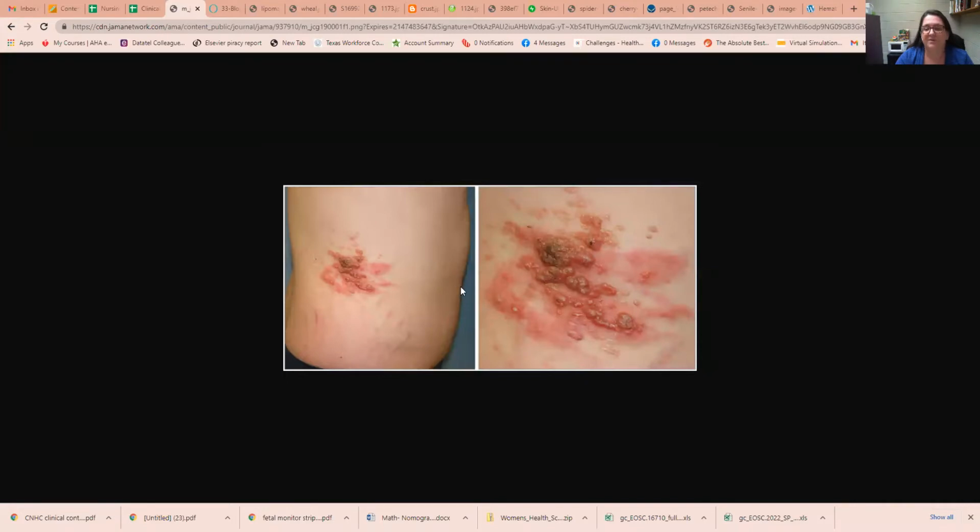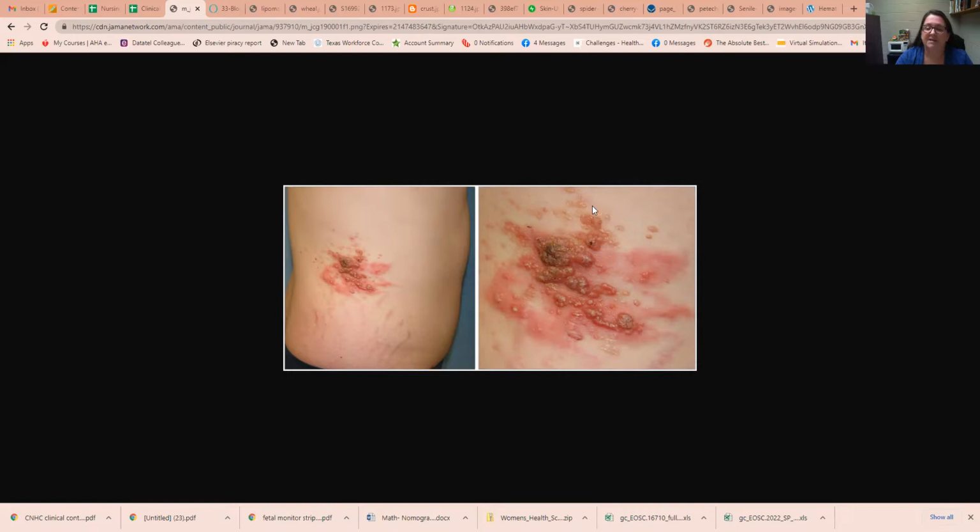Next is a vesicle. Vesicles are fluid-filled blisters. So think of a blister. Think of the fluid-filled vesicles we see with chicken pox, or this actually looks like probably shingles. And you can actually see there's a couple of pustules here too.